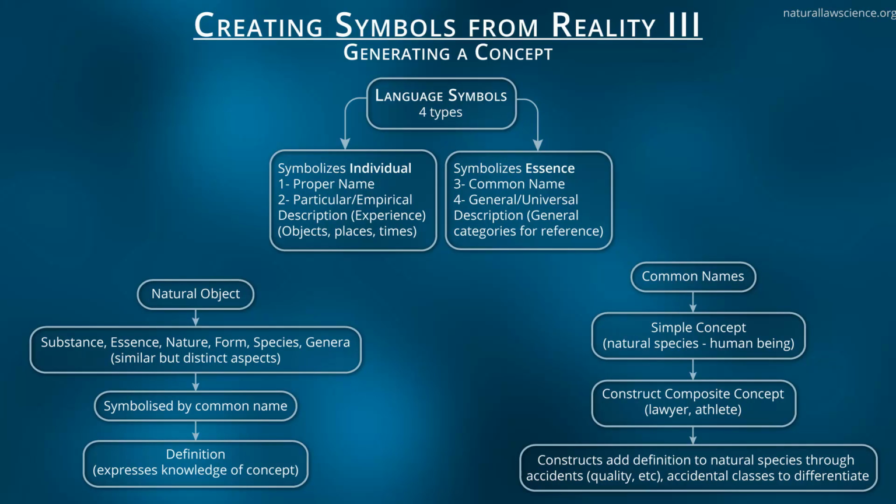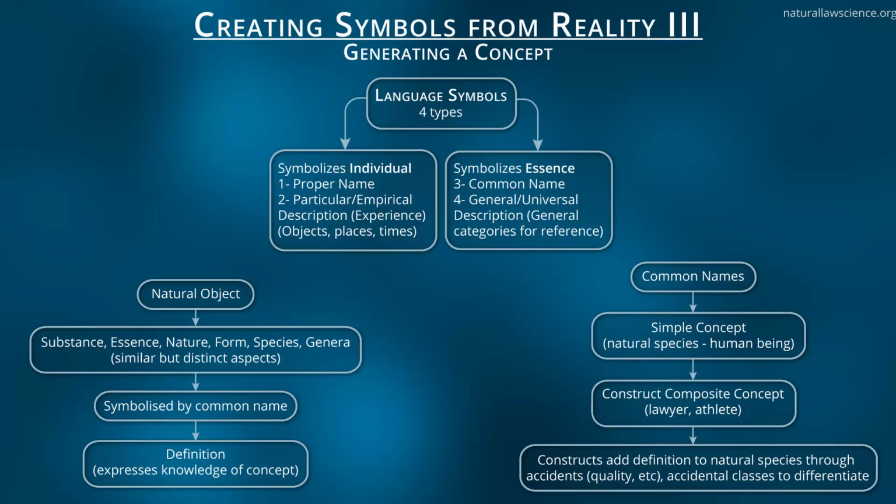And these are symbolized by the common name. And that's the general, not the proper name, not the specific things, not the particular things in reality. And the common name, the general universal, this substance and essence and form, is what leads us to the definition, to express the knowledge of a concept, of that universal general.